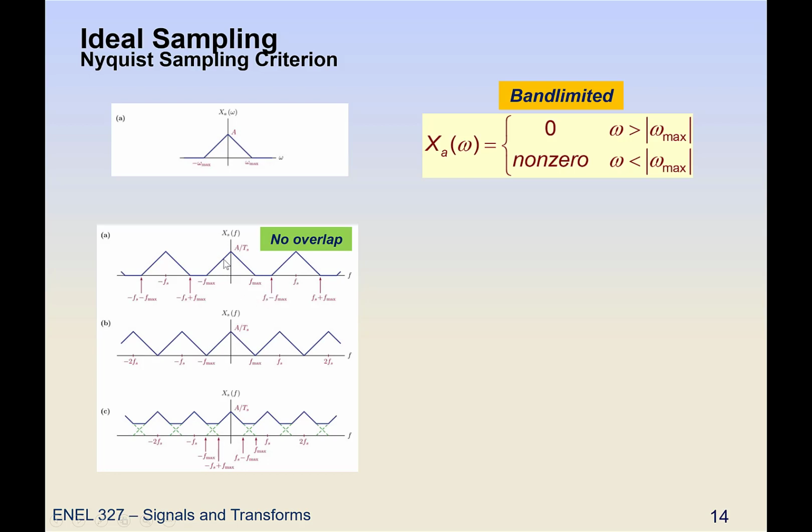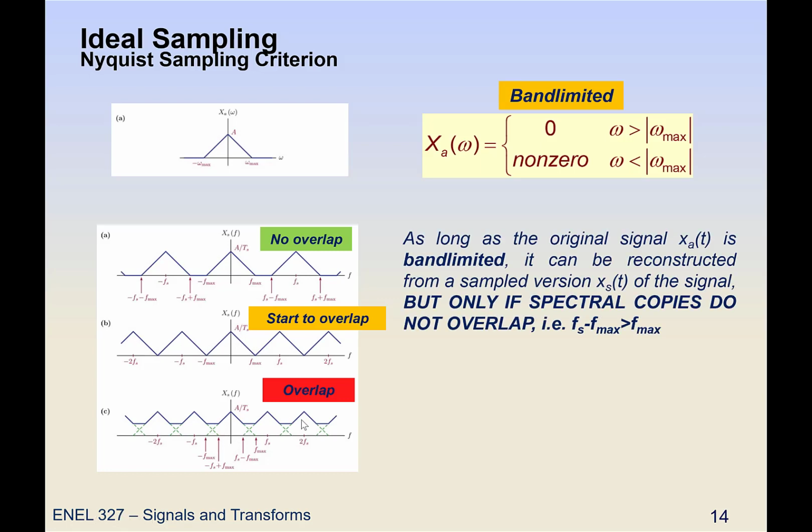If my sampling rate is quite high, I get no overlap. As my sampling rate goes down, Fs is sliding closer and closer to Fmax. At some point they start to overlap, and past that point we actually have a fair bit of overlap.